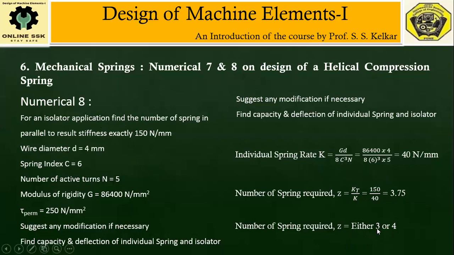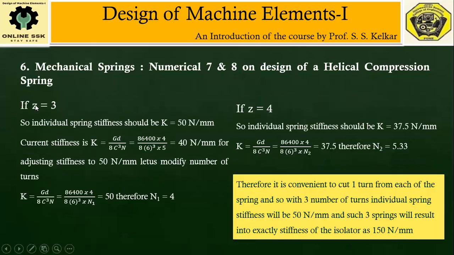Z can either be equal to 3 or equal to 4. So let us see the two conditions. If Z is equal to 3, to result in effective stiffness equal to 150, each individual spring should have k equal to 50, because if Z is equal to 3 and Kt is equal to 150, that means k needs to be equal to 50 instead of 40.